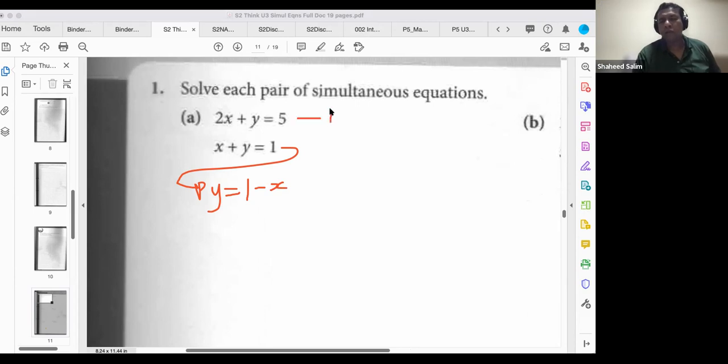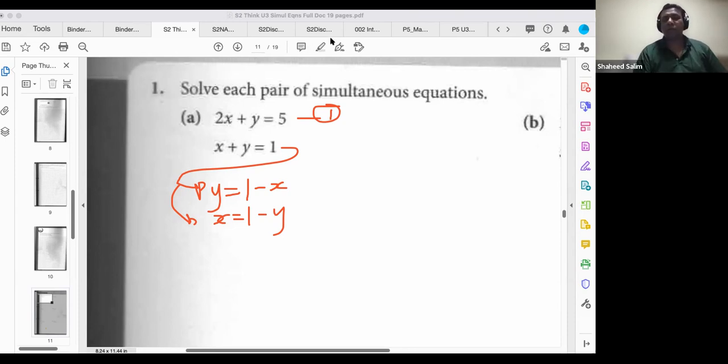So long as one of them is like that, it's good enough. You either have y equals something or x equals something. So you can choose either one, whether you want it like that or like this. Why? Because you can take this value and put it inside here, or take this value and put it inside y here. Then you can find it.